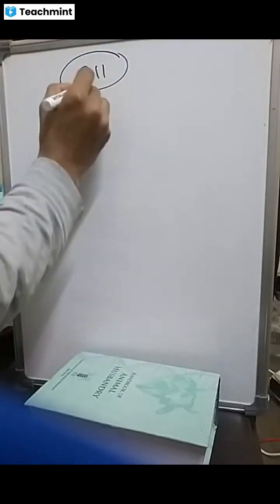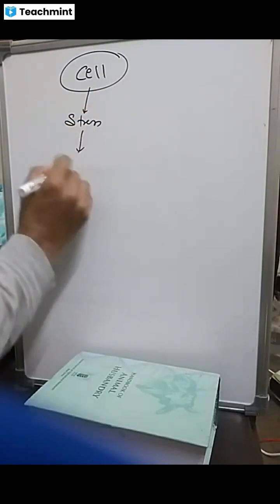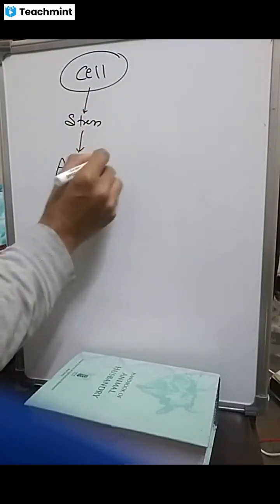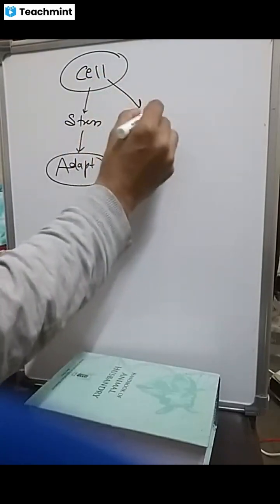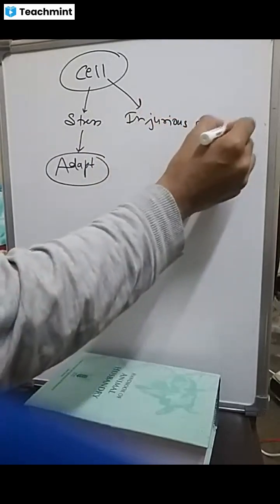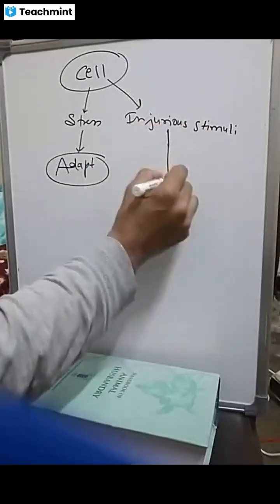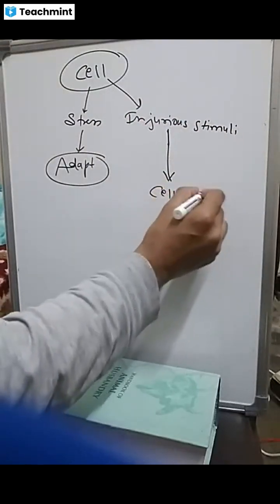this was the normal cell. If you give stress, then it will adapt. If you give some injurious stimuli, or if it is unable to adapt, there will be cell injury.